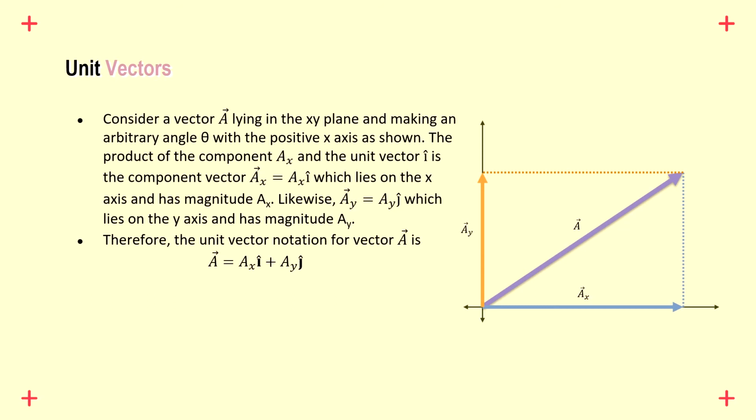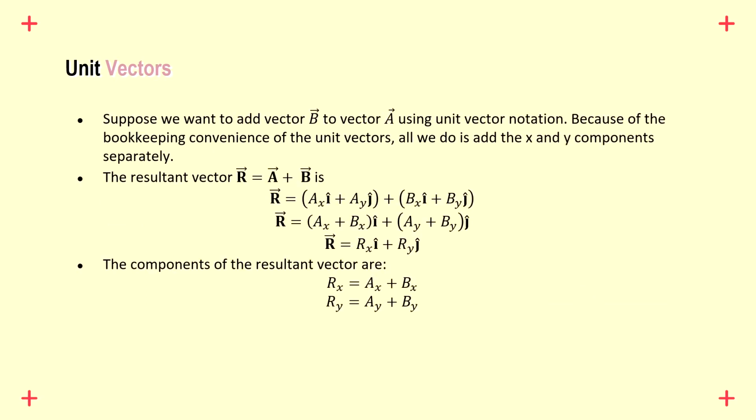So from now on, I will be pronouncing the i with the circumflex or caret as simply i, and j with the caret or j hat as simply j. So suppose we want to add vector b and vector a using the unit vector notation. Because of the bookkeeping convenience of the unit vectors, all we do is add the x and y components separately.